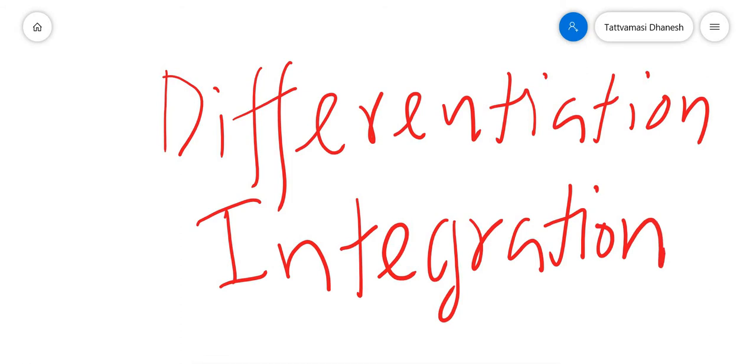Differentiation means splitting a physical quantity, or splitting data, into smaller divisions. That we call differentiation.